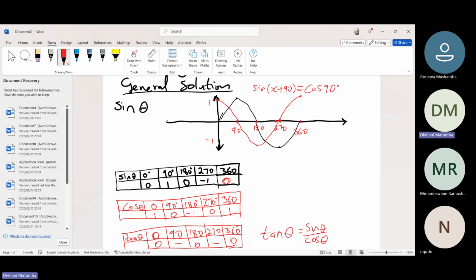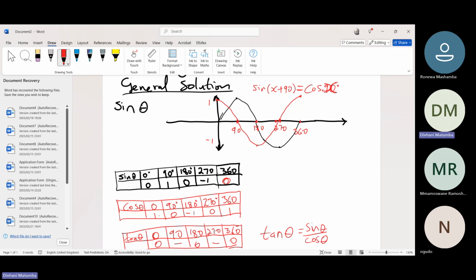No, the cos of x, sorry. Do you remember? Yes. Okay. Do you see the distance between the two graphs? It's actually 90.